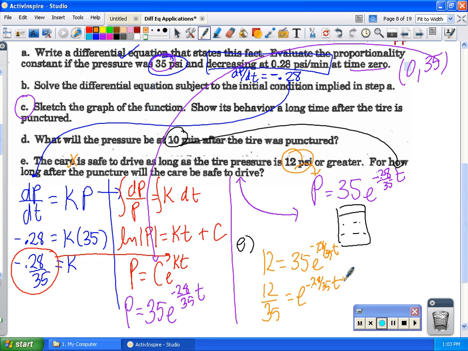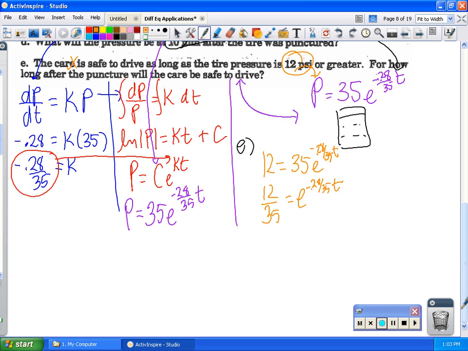And from here I would take the ln of both sides. This is the algebra maneuver. I would use my log property to bring down the power, so negative 0.28 over 35 t times the ln of e. And again, we know the ln of e is just 1.